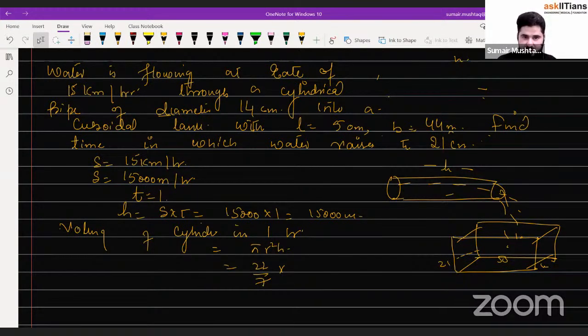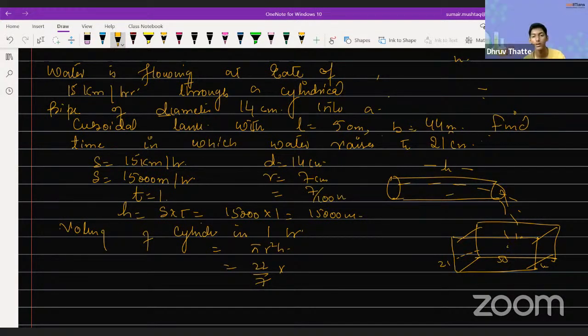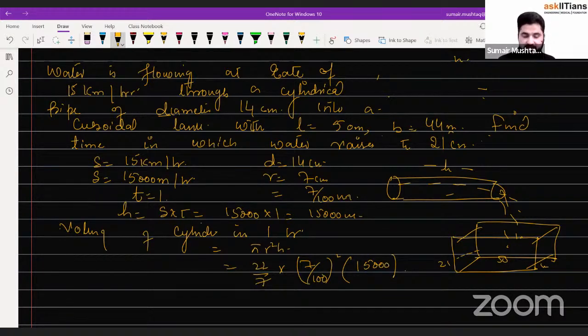Yes, diameter is 14 centimeter, so radius will be 7 centimeter. That is equal to 7 by 100 meter. Is that clear? So that is 7 by 100 whole square into h. h is 15,000. Is that clear? So 7 will be cancelled, and this 2 and all will be cancelled. You will get this as 231 meter cube.